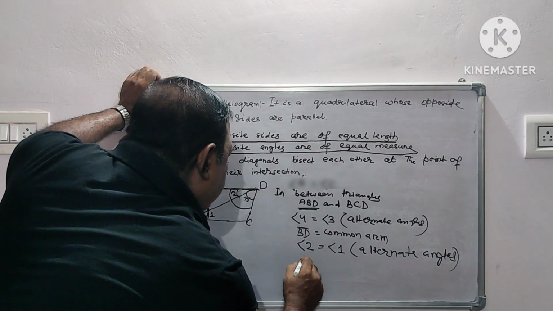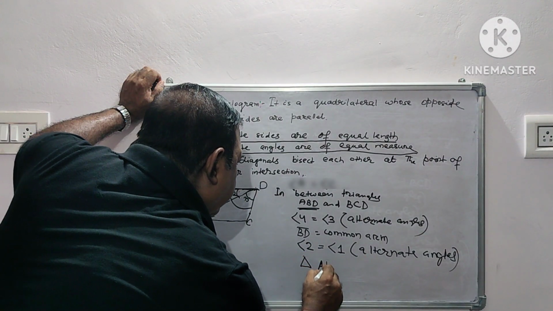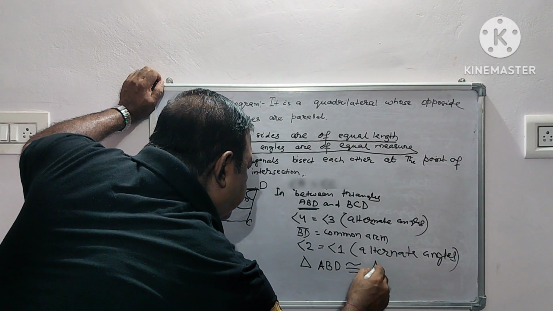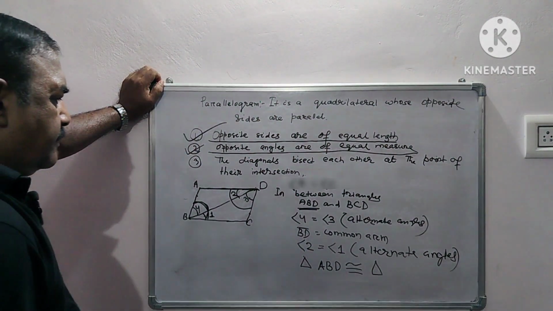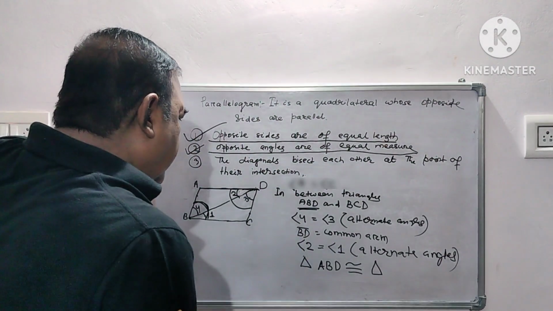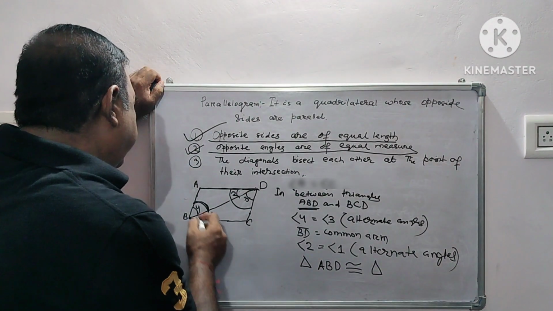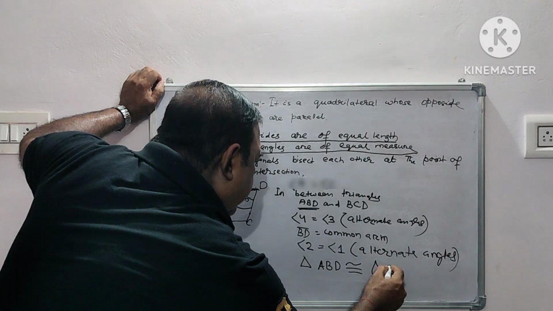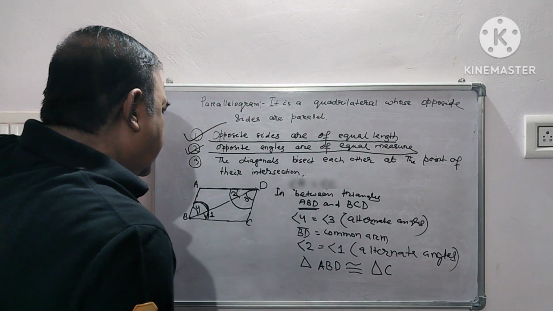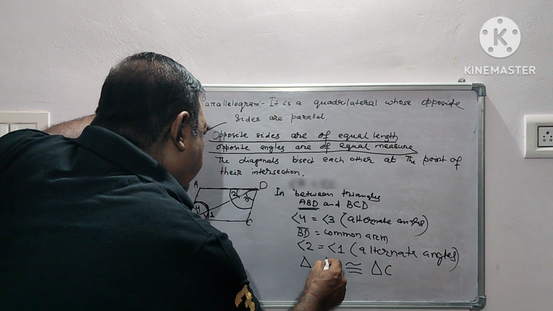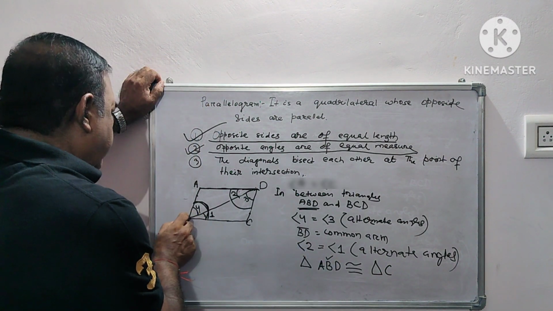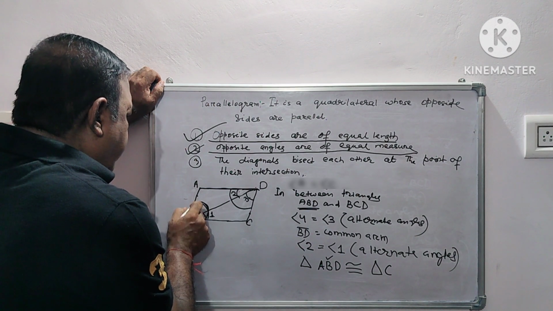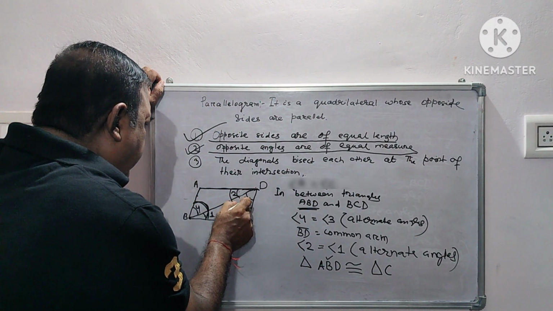So triangle ABD is congruent to triangle. So we have to follow the order of the letters. You see A, it will correspond to vertex C of CBD. And you see the vertex B of ABD, at B the angle is 4 and which is equal to angle 3.